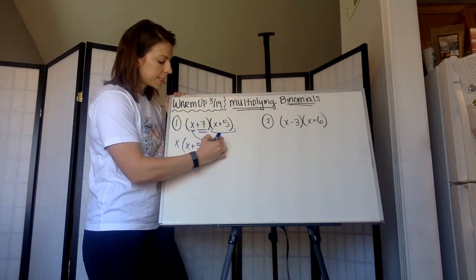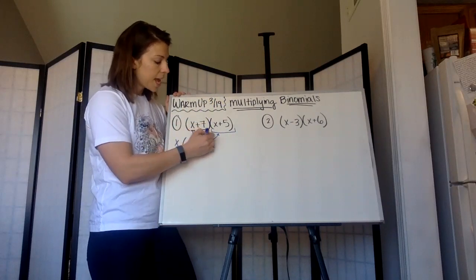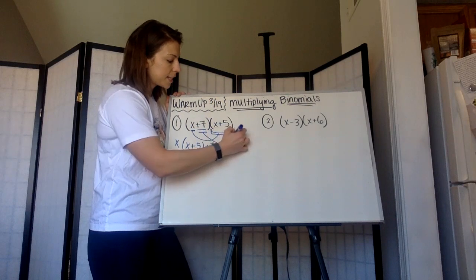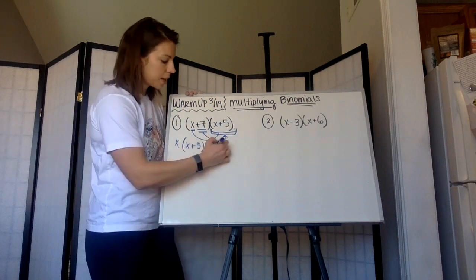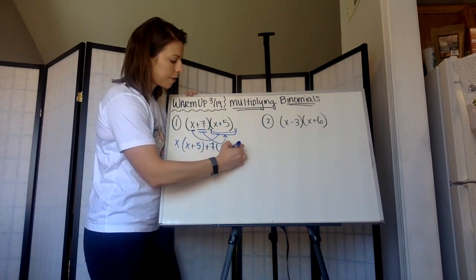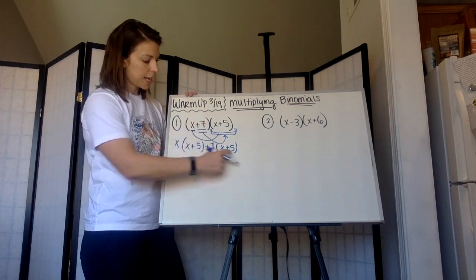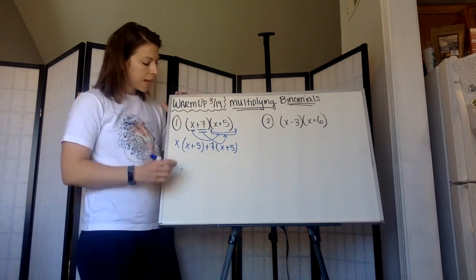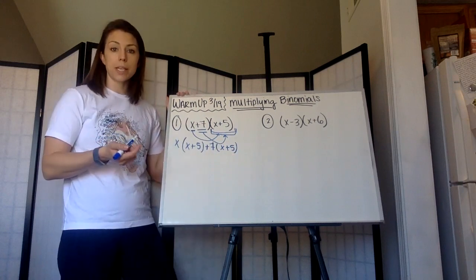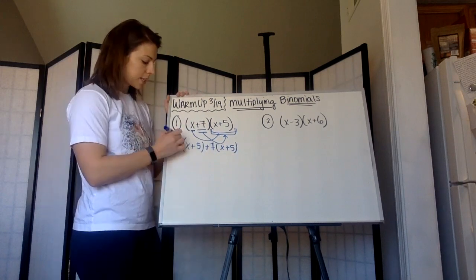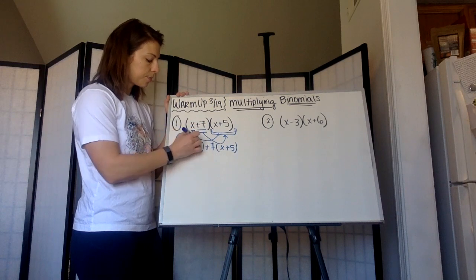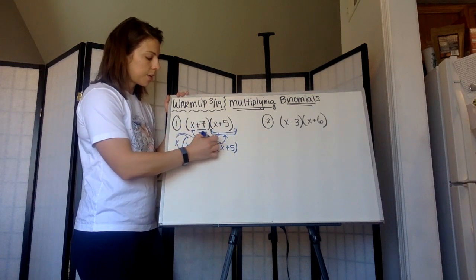Now I have plus 7, that's the second term, and again multiplying it by the entire second binomial, x plus 5. So there you see the x plus 7 is right there, and the x plus 5 is being multiplied. Now it's called double distribute for a reason. We're going to distribute twice. We're going to distribute here and here.